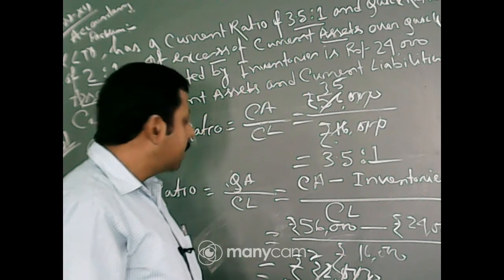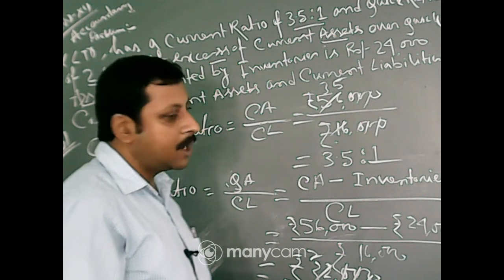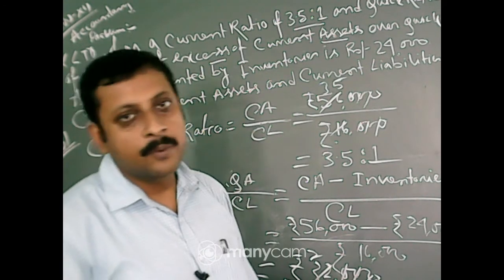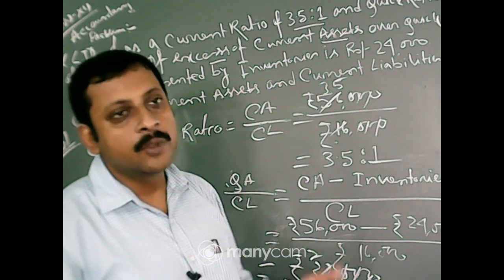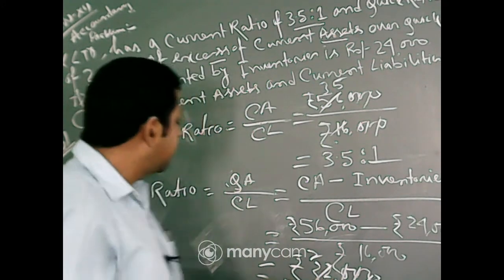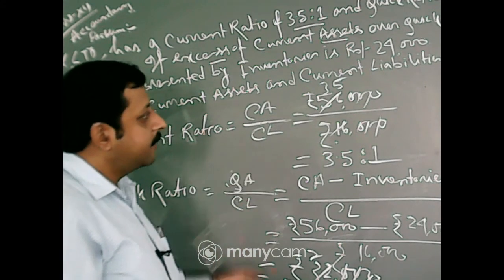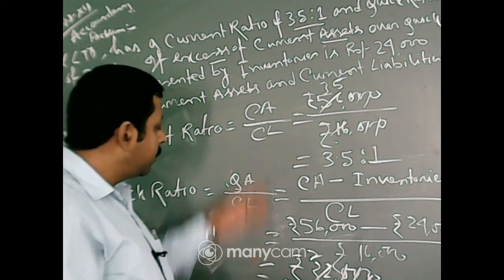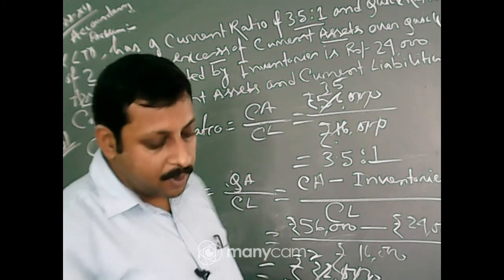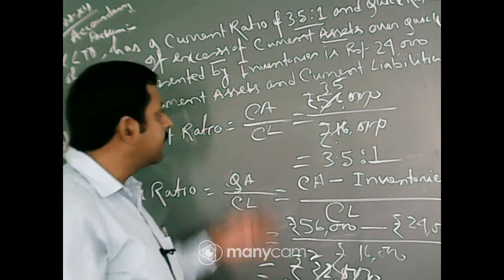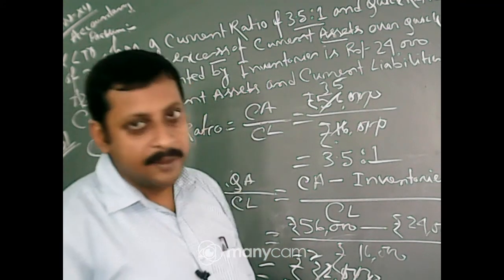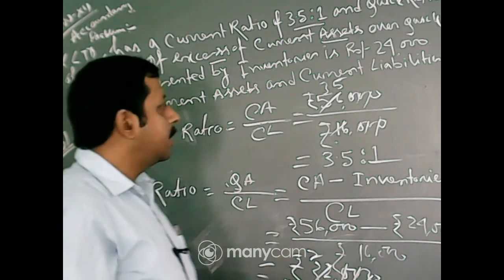Here the quick ratio is 2:1. This means for 1 rupee of current liability there are 2 rupees of quick asset. Both ratios look very good because there are lots of current assets in the organization against the current liabilities.